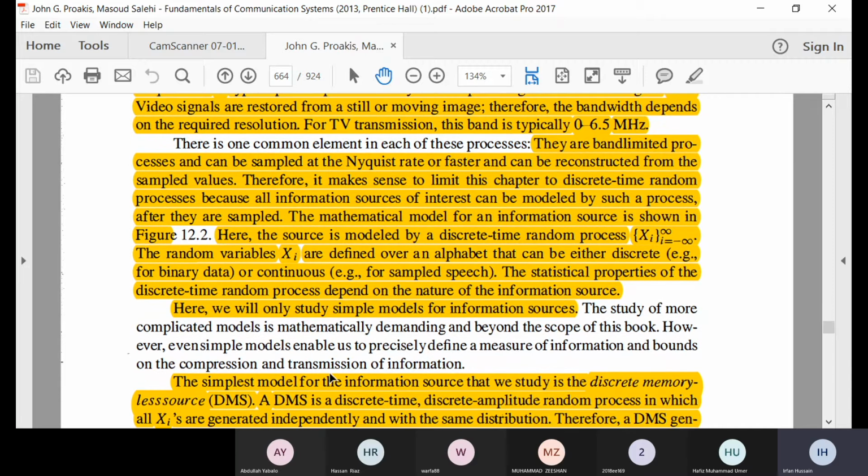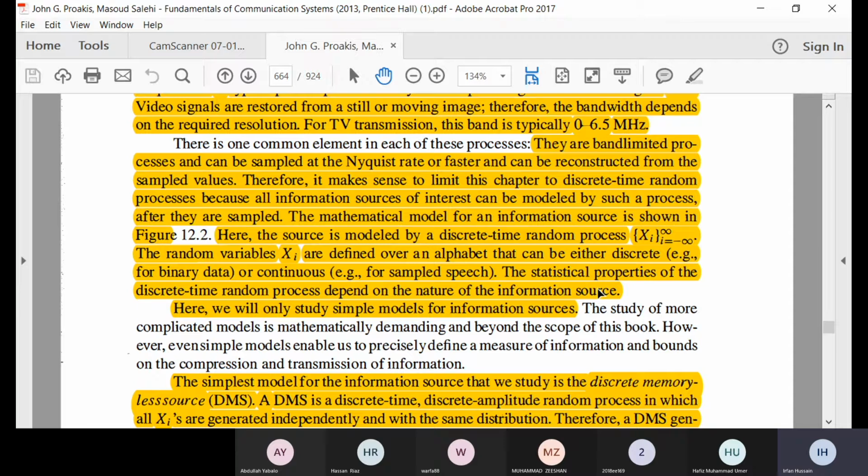So the model of a discrete time random process will depend on the nature of the information sources. We have seen in chapter 7 also that once you sample, the signals can again take any values. So you have discrete time but continuous magnitude values, but you can also discretize your magnitude values.